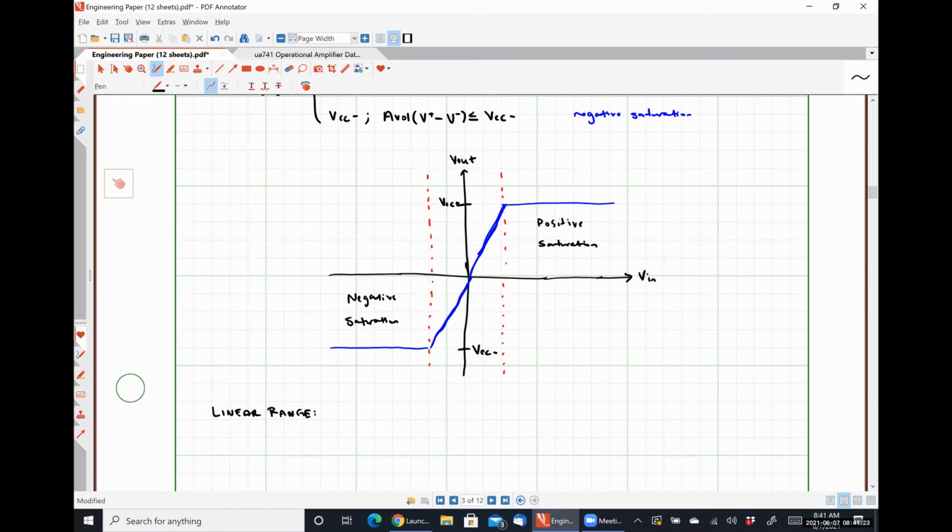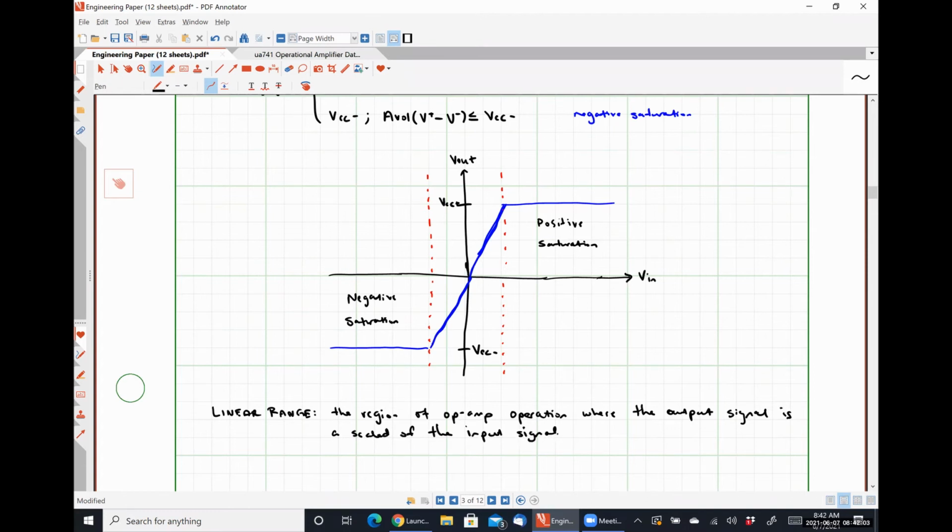So the linear range is the region of op-amp operation where the output signal is a scaled version of the input signal.